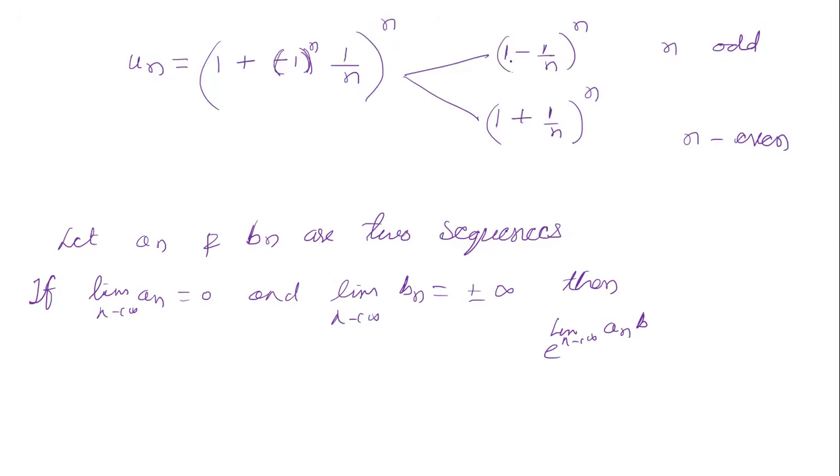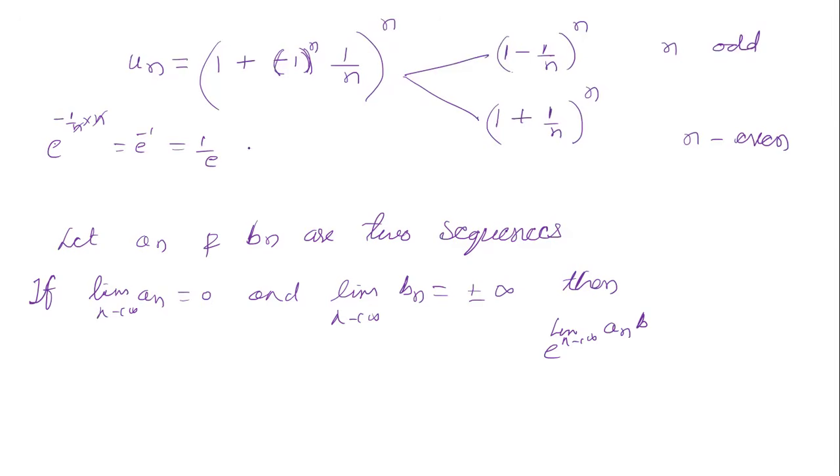If we apply it here, e to the power of minus 1 by n into n. This gets cancelled, e raised to minus 1.